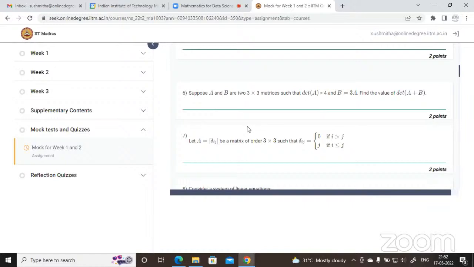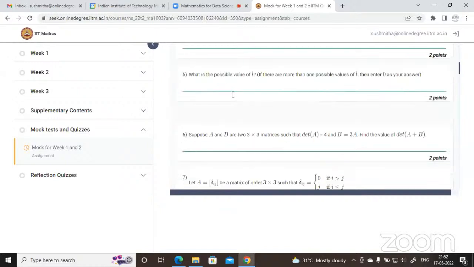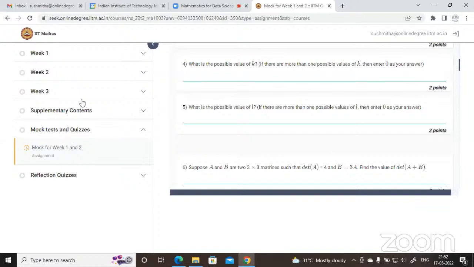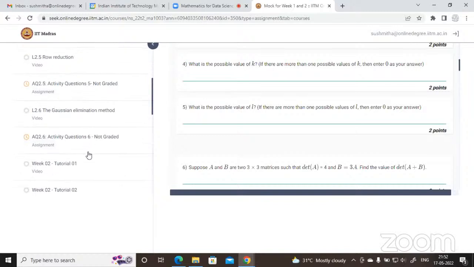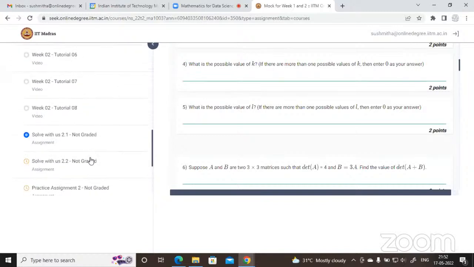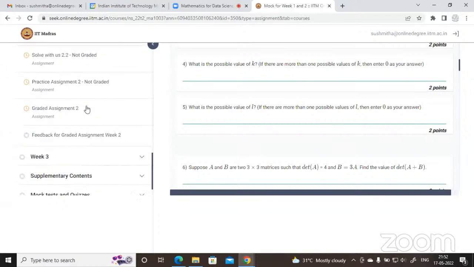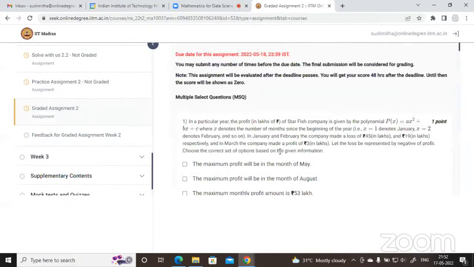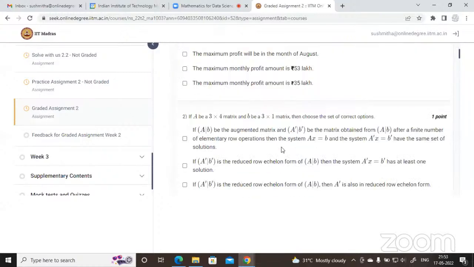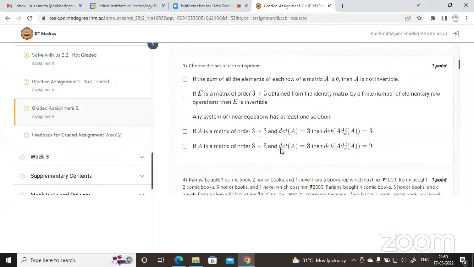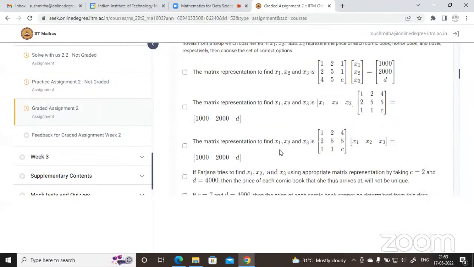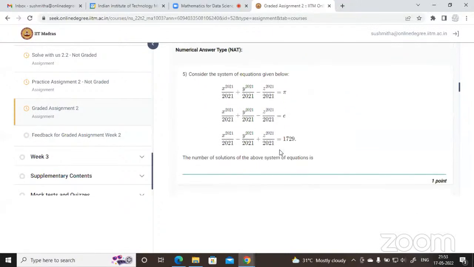Any other questions? Ma'am, can you please explain the approach of question number 5 in the graded assignment? It's not the same for everyone, so the number will also not be the same. I might not even have that question here. Can you tell me which question it is? Yes, this one.